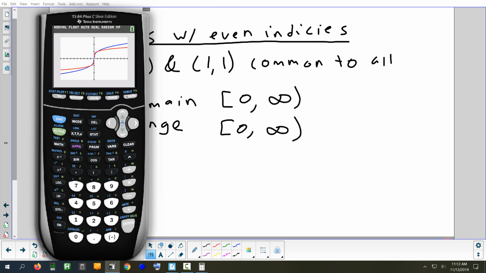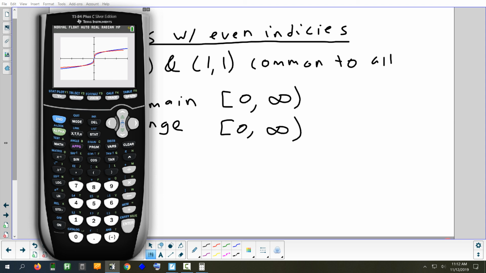All right, and I don't know if that's enough you can really tell. Let's go -3 to 3 on the x's. I think that might even be better because I'm trying to show you something. All right, so there's your cube root, and here's your fifth root. I don't really care about which one is on top of the other because they kind of switch places a couple times if you look closely.